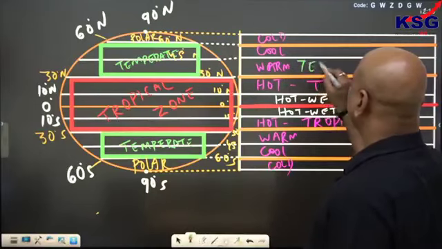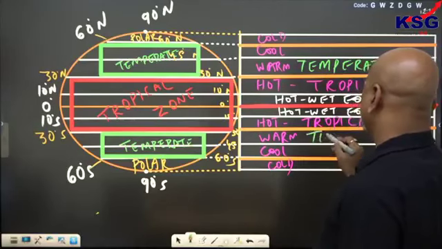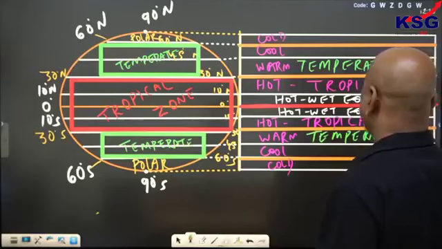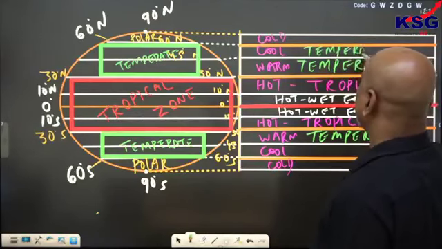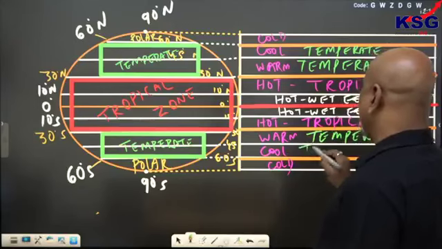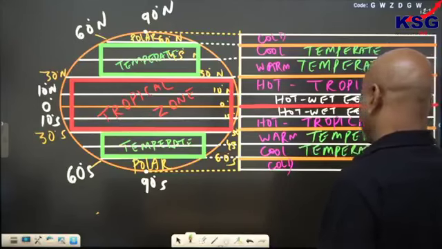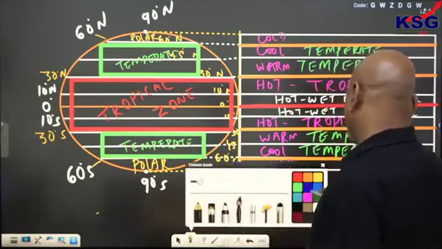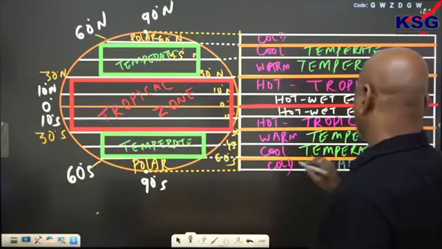Warm, temperate, cool, temperate, and cold, polar. Cold region is polar region, cold polar area, cold polar.